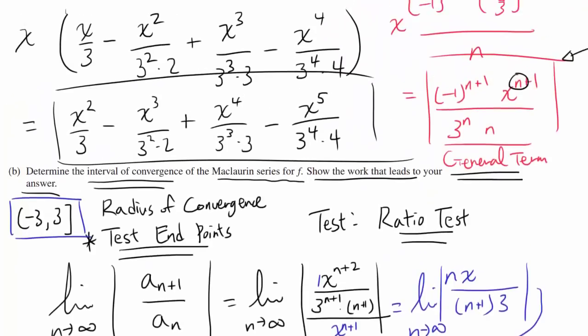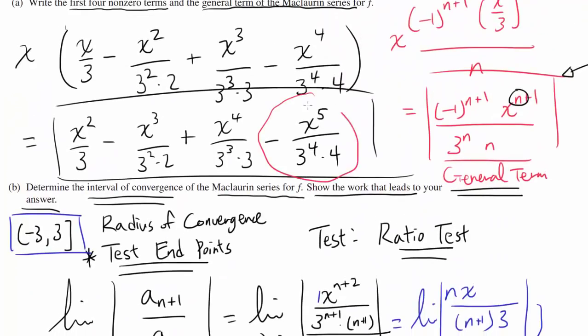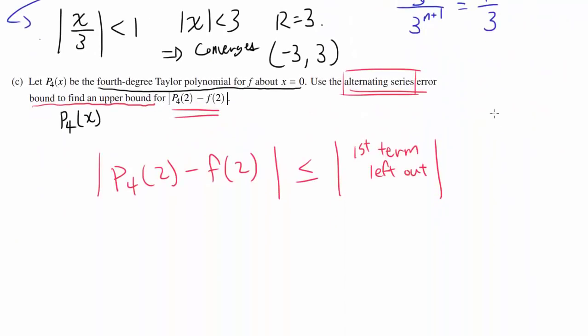In our case, the first term left out was the one with x to the 5th. Since we're looking at the absolute value, we only have to care about this part: x to the fifth over 3 to the fourth times 4. So this is less than or equal to x to the fifth over 3 to the fourth times 4 when x is equal to 2.